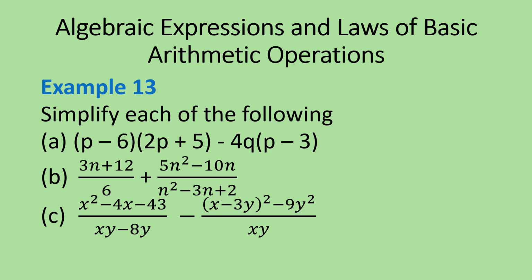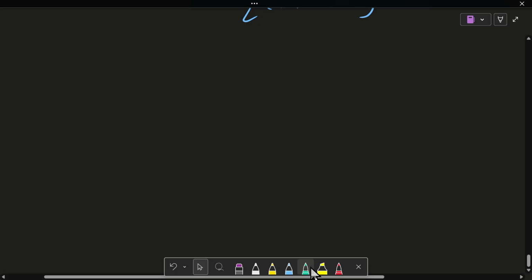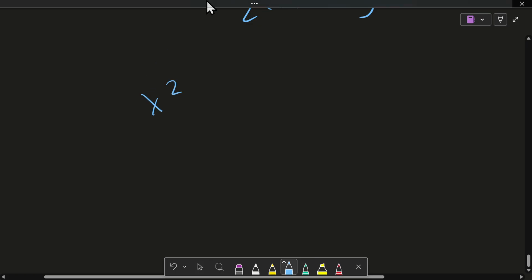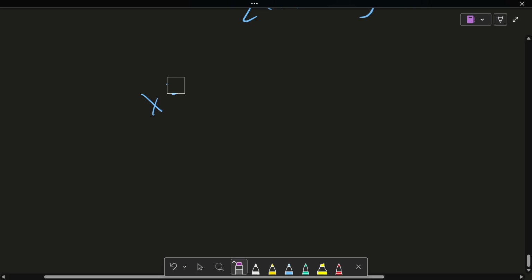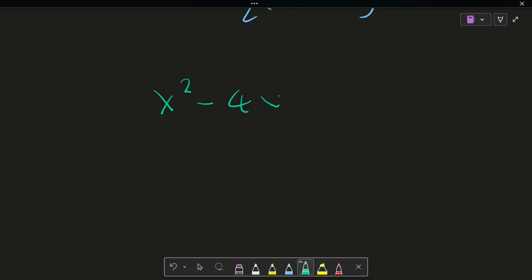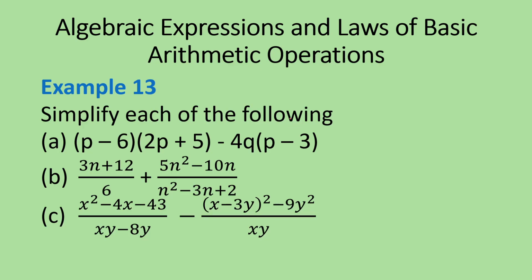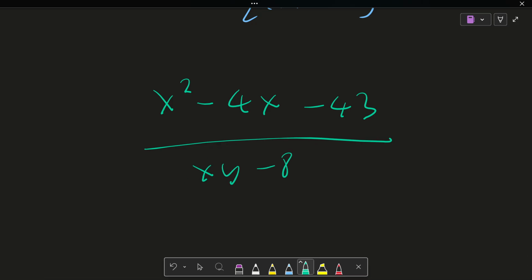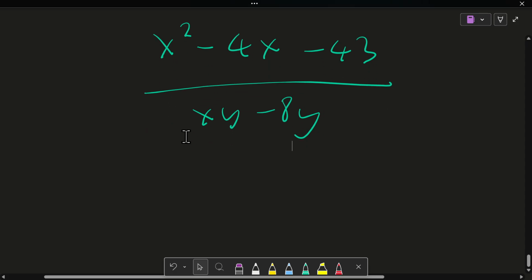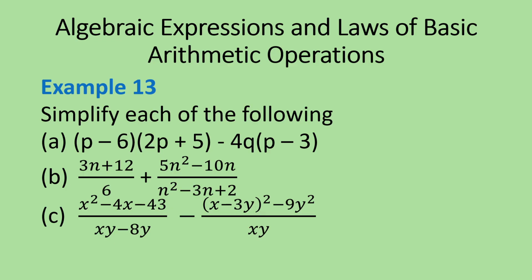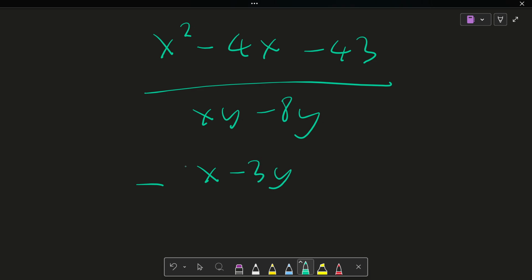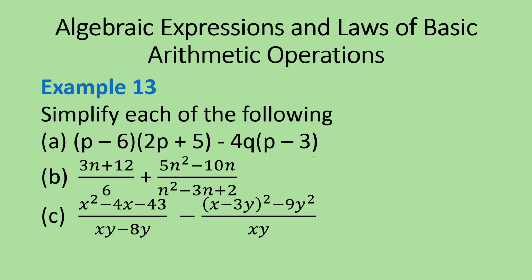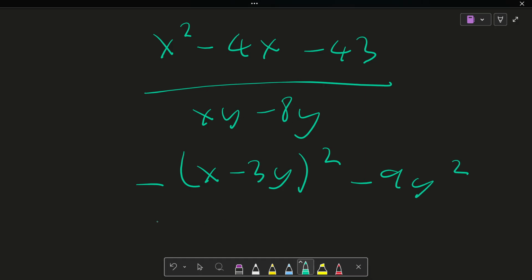So x squared minus 4x minus 43 over xy minus 8y, minus x minus 3y squared minus 9y squared, all this divided by xy.